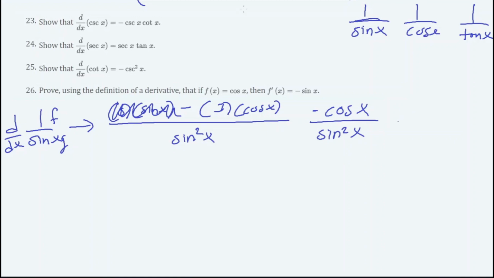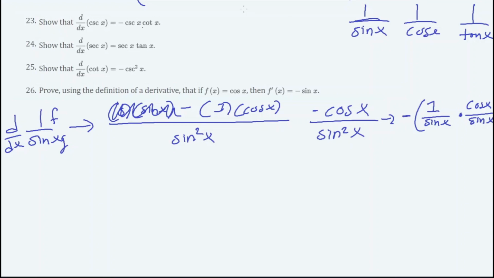And when you look at this, what does it exactly look like? We could break it up into two things, right? If we break it up, we have negative 1 over sine x multiplied by cosine x over sine x. So what's cosine over sine?